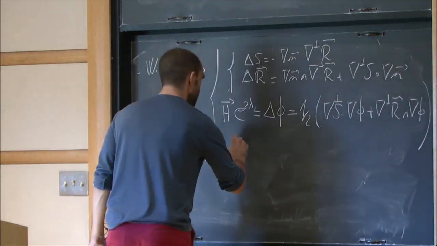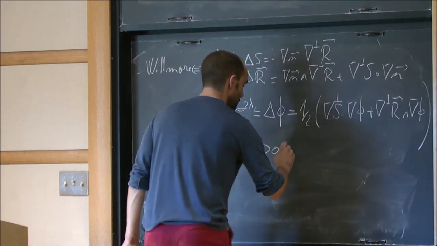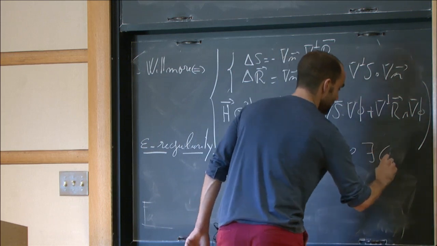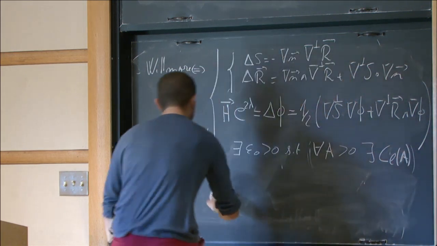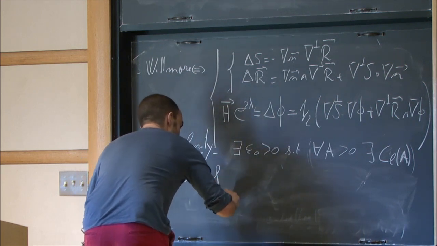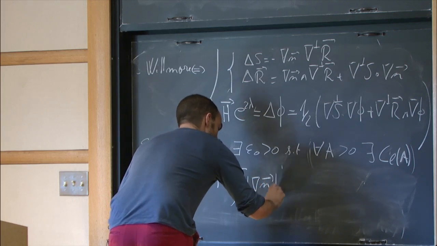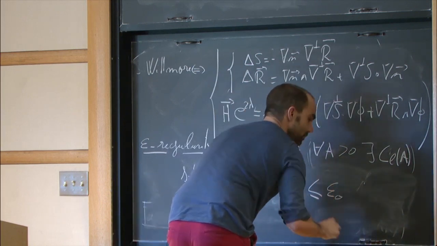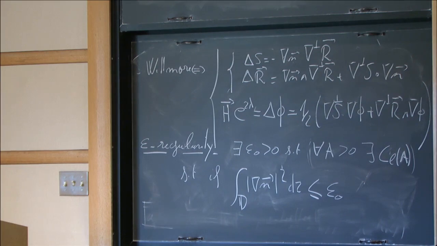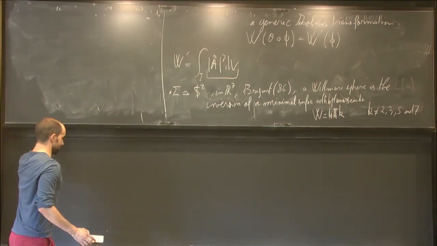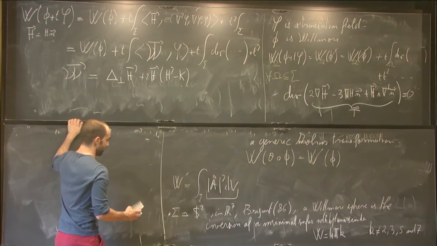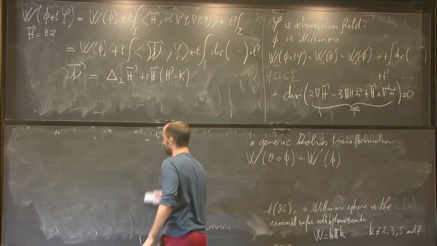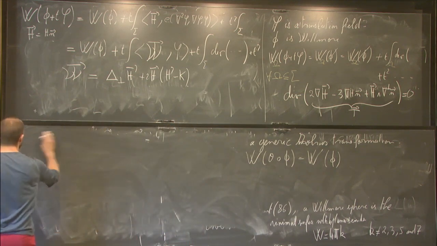So there exists epsilon 0 such that for every A positive, there exists C_A, I will explain this in a second, such that if the energy of your immersion on a disk, let's say, to simplify the notation, is smaller than epsilon 0, here I'm going to write a hypothesis which is vacuous in the case of the disk, but which is the second key point for Willmore.